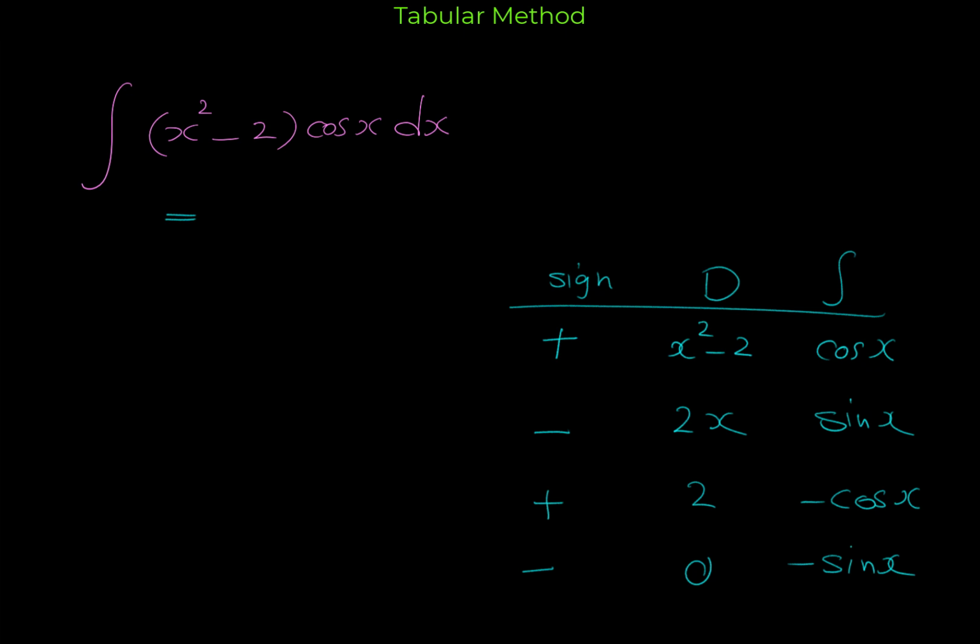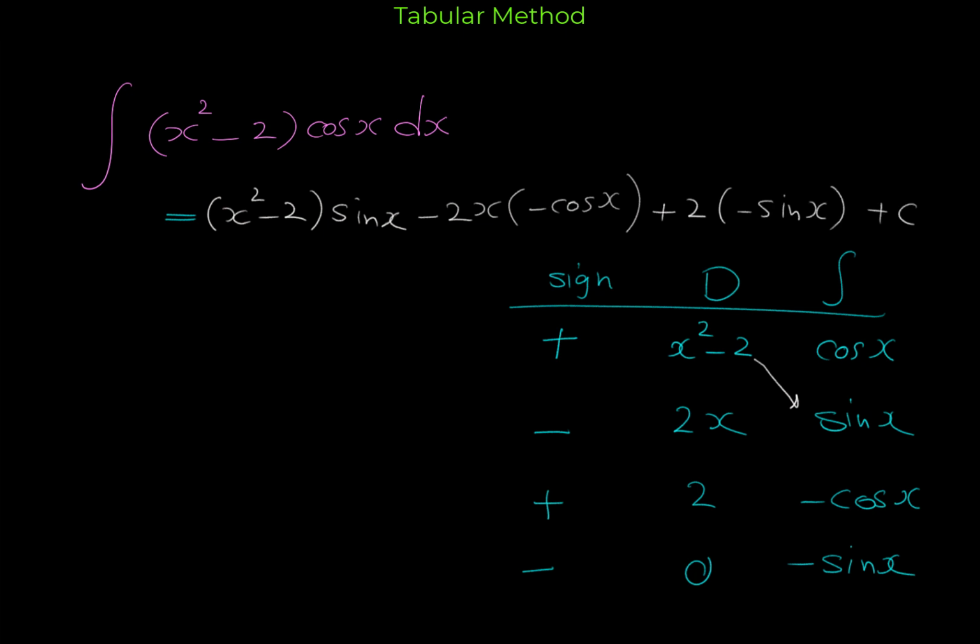The answer would be (x² − 2) times sine x, then minus 2x times negative cosine x, and finally plus 2 times negative sine x plus c.